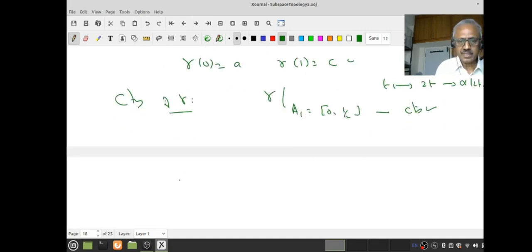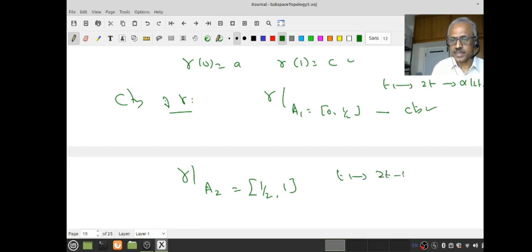And similarly, let me restrict gamma to A2. Notice that this is half to 1, and the function there is t going to 2t minus 1, that's a continuous map, and beta is continuous. Notice that for t between half and 1, 2t minus 1 belongs to 0 1, therefore beta of 2t minus 1 makes sense.